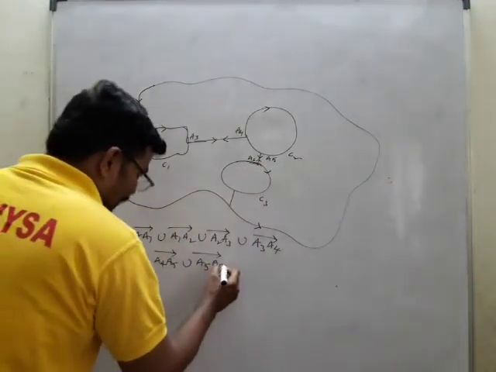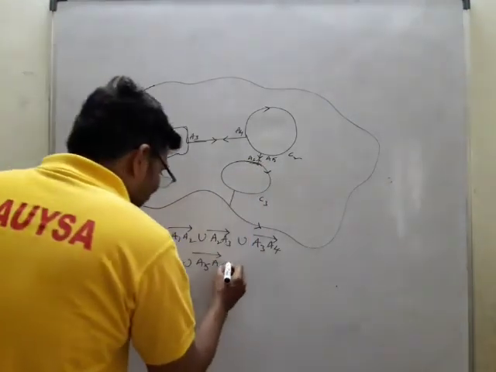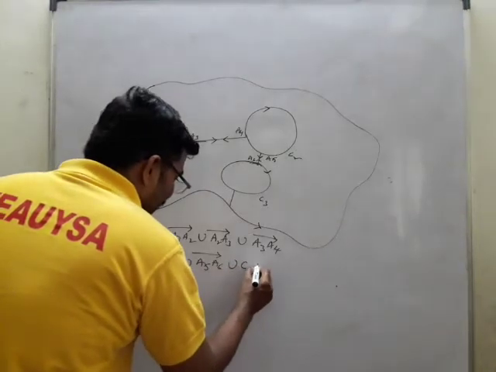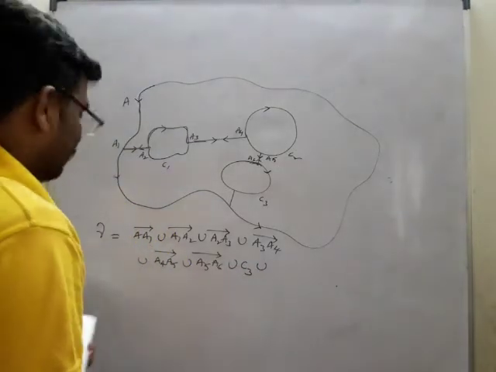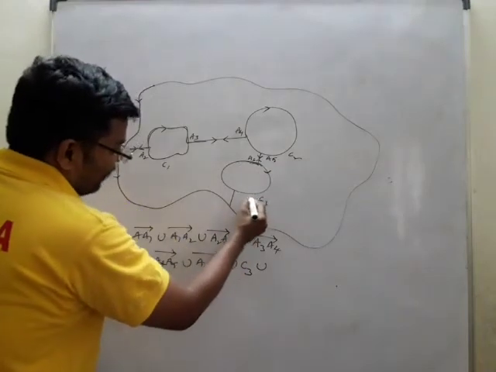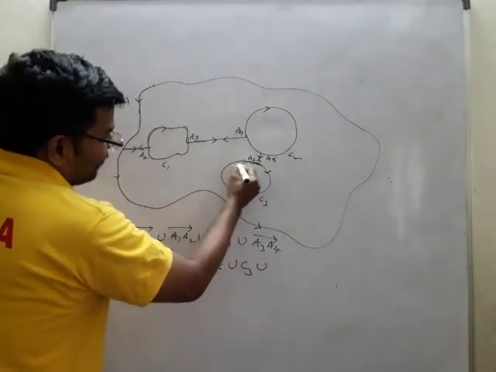This is A6, C3. Then C3 union. Again, this is C3. Now it will come over like this. Again, it comes like this.